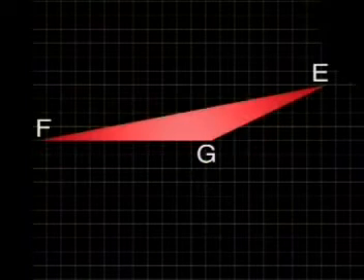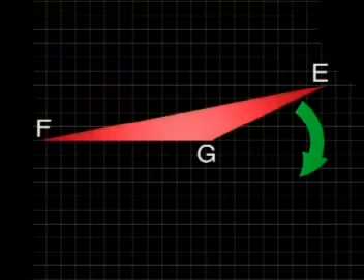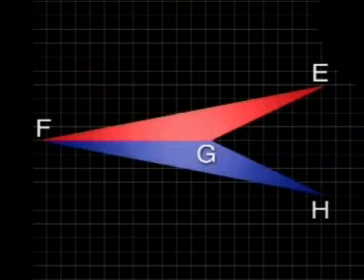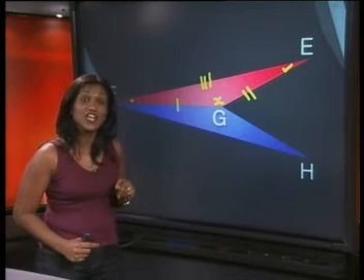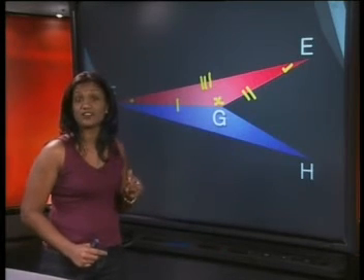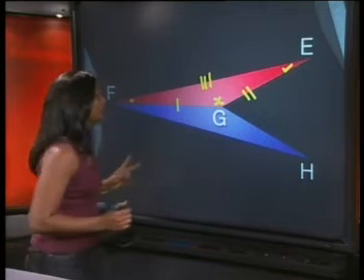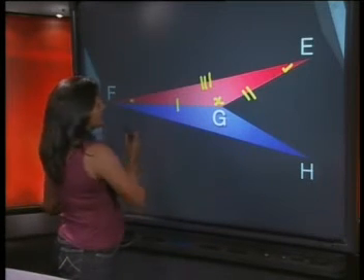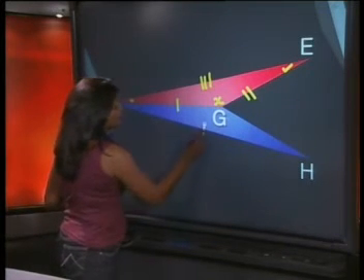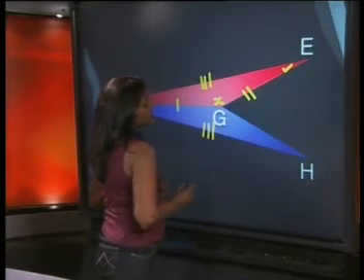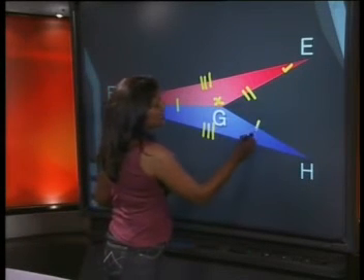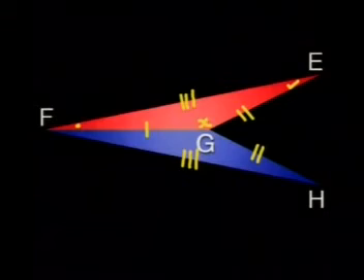Now, because we reflected triangle EFG, triangle HFG is exactly the same size and shape as triangle EFG. So this is easy. We can write that EF is equal in length to FH and mark this with 3 strokes. We also know that EG is equal in length to GH and we can mark this here. So we do have a kite.